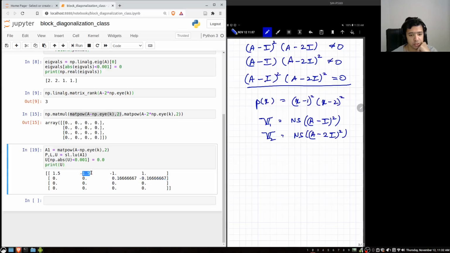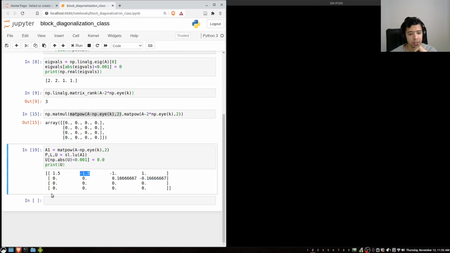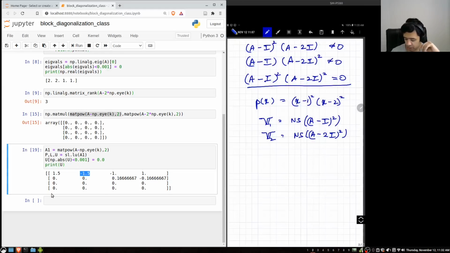So x2 and x4 can be chosen as non-pivot variables. So these can be taken as my free variables, right? And this has dimension 2, so the nullity of A1 is 2. So the nullity of (A - I) squared is equal to 2.